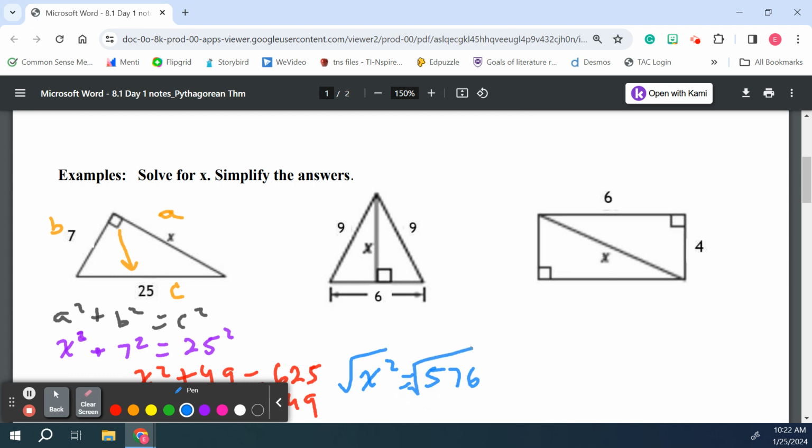Take the square root of both sides. Someone tell me, what does x end up equaling here? 24. Okay. Now, usually, you learned in Algebra 1 that you have a plus value and a minus value when you take the square root, right? But we can't really use the negative value because lengths are always supposed to be positive, okay? Questions on that?